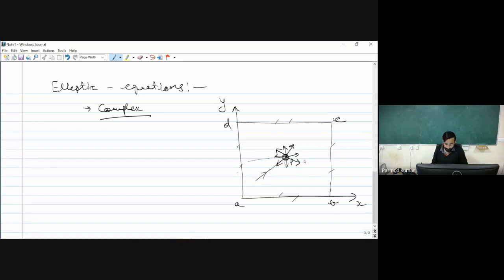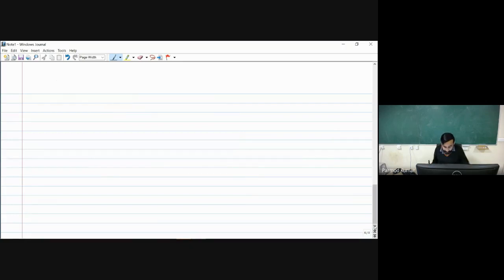That's why this type of problem is also called a boundary value problem, because the values of properties at the boundaries affect the solution at points within our simulation domain. Now let me take specific examples of each type of equation.